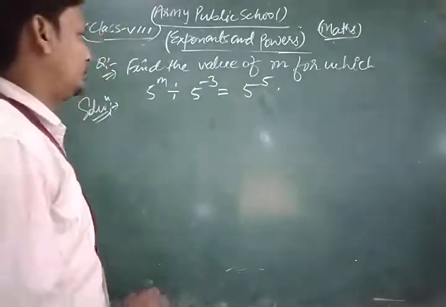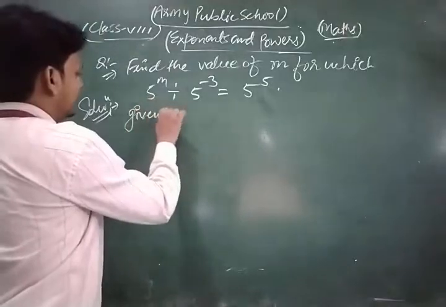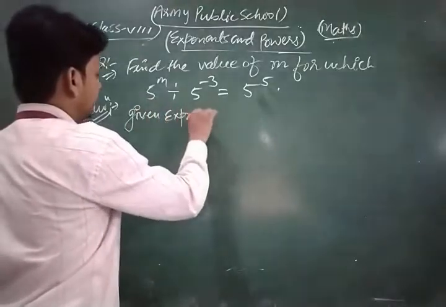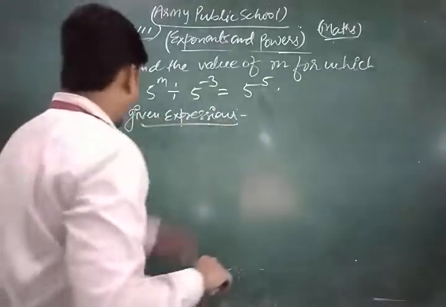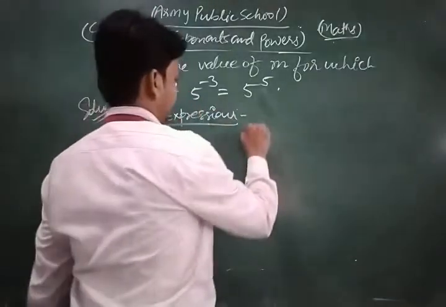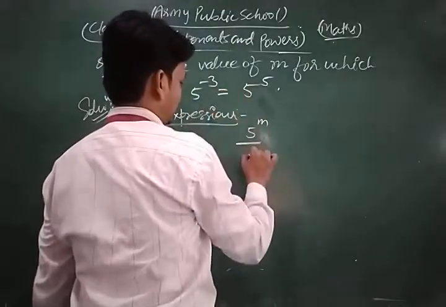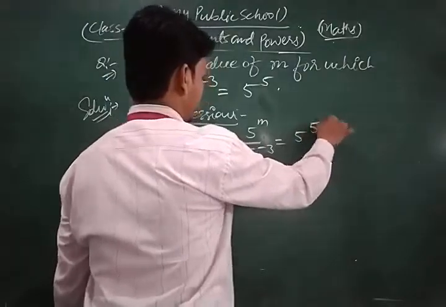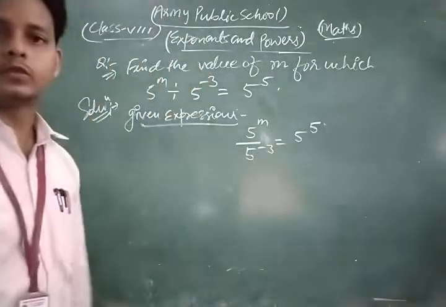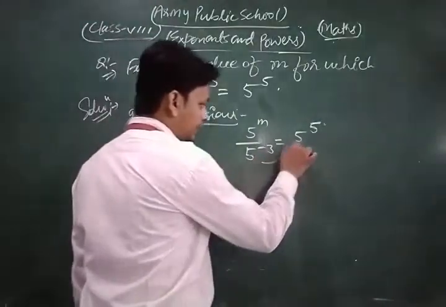So first of all we write the given expression: 5 power m upon 5 power minus 3 is equal to 5 power 5. Now dear students, we do cross multiplication.